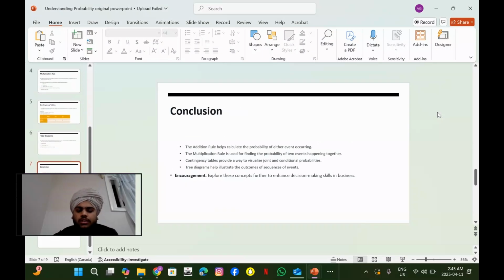In conclusion, understanding probability is essential for making informed decisions in our daily lives. We have covered several key concepts today. The addition rule helps us calculate the probability of either of two events occurring, whether they are mutually exclusive or not. The multiplication rule allows us to find the probability of two events happening together, whether independent or dependent.